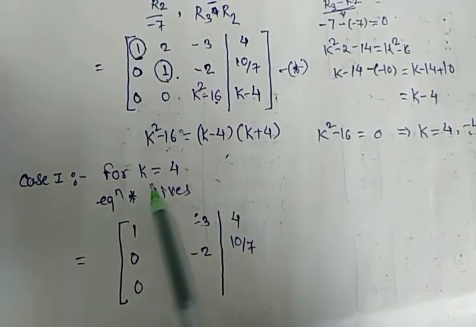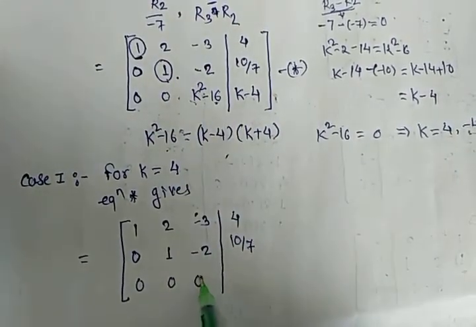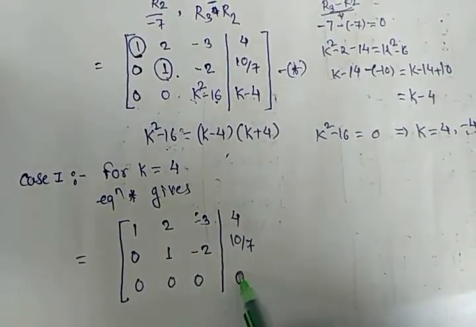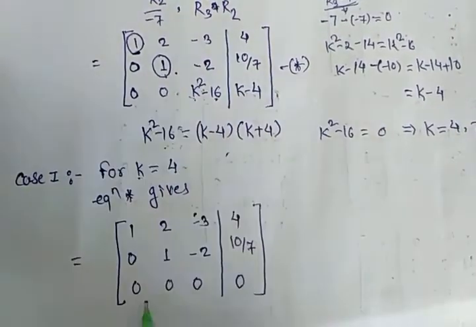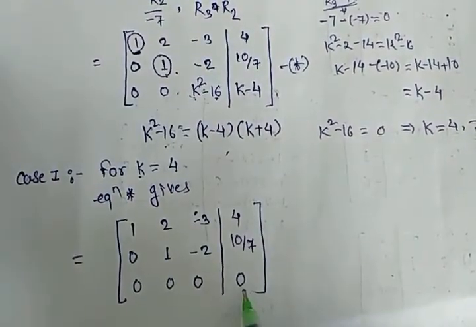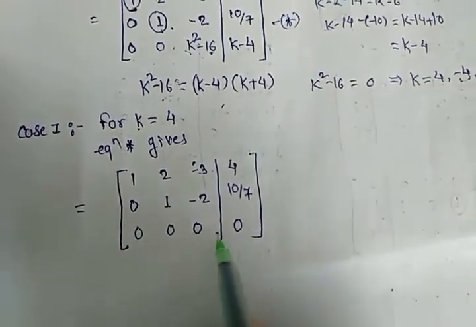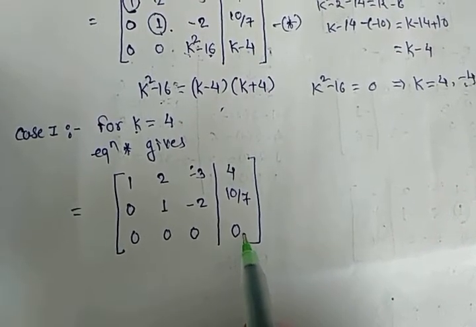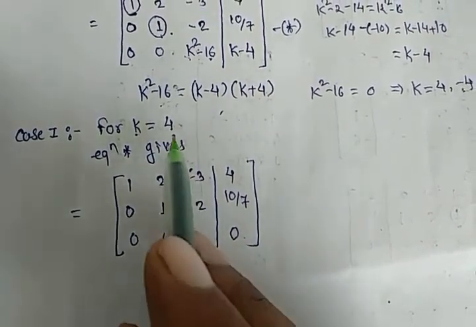We put k is equal to 4, so 16 minus 16 is 0, and 4 minus 4 is 0. Okay, for k is equal to 4, the last row will be 0. So here in column 3, on the left side and right side, the last row of this matrix is all 0. So the system has infinitely many solutions.